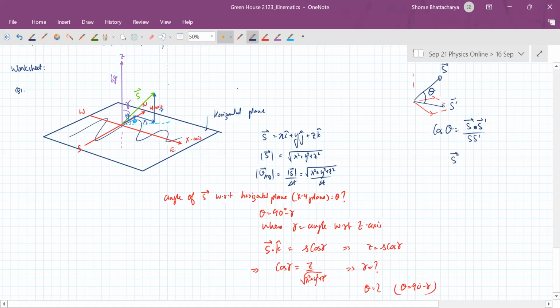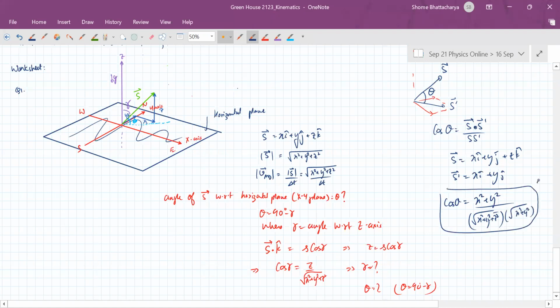Now s is of course x i cap plus y j cap plus z k cap, but s prime is x i cap plus y j cap. So you can see cos theta will come out to be x square plus y square divided by root of x square plus y square plus z square into root of x square plus y square. You can do it this way also. This will give you the same result. Okay, sir.